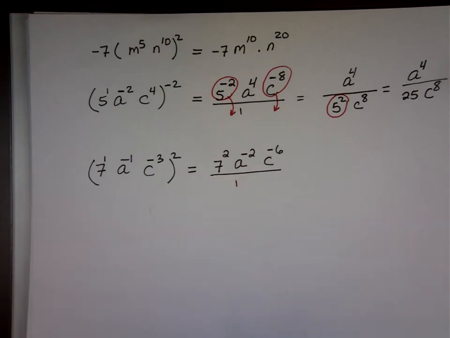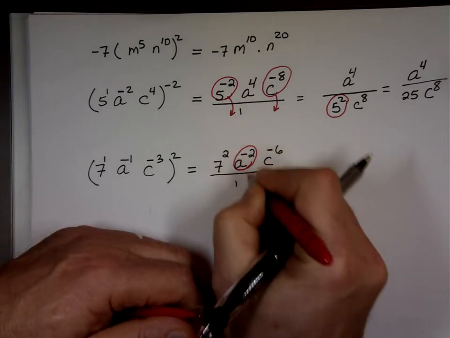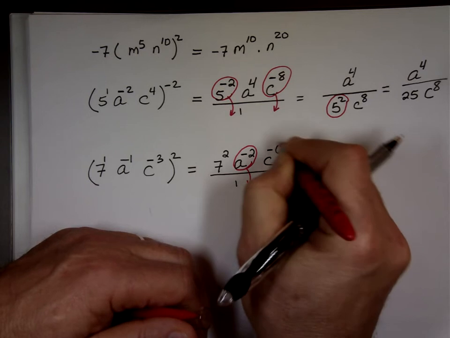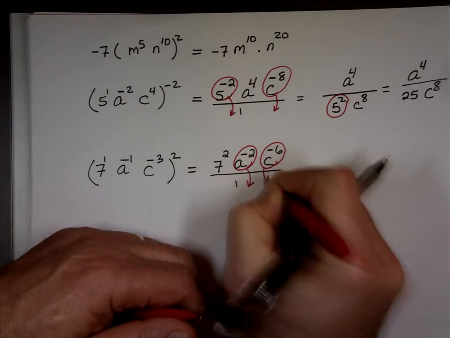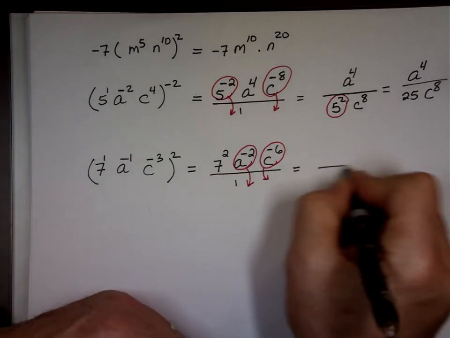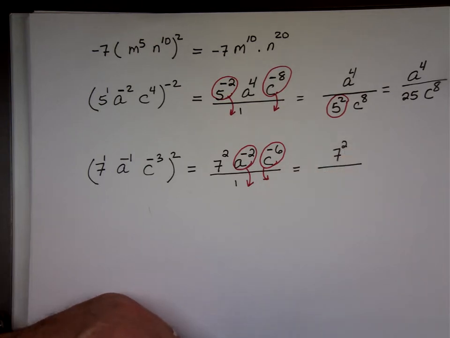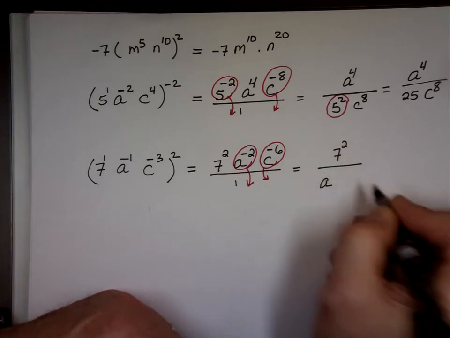Negative exponent. I see this one. It's going to come down. I see this one. It's going to come down. So notice the 7 has a positive exponent, stays on the top. This becomes what? A to what power? 2.